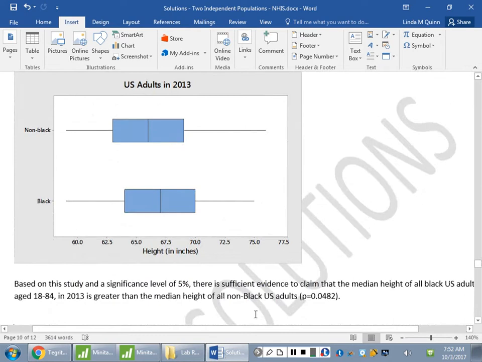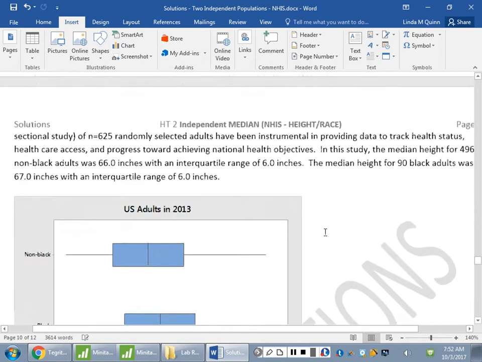What do you think? You see the two median lines. Do you think that there might be some evidence that all black adults have a higher median height than all non-black? It looks, at least in our sample, that it suggests this. So let me look at our test then.